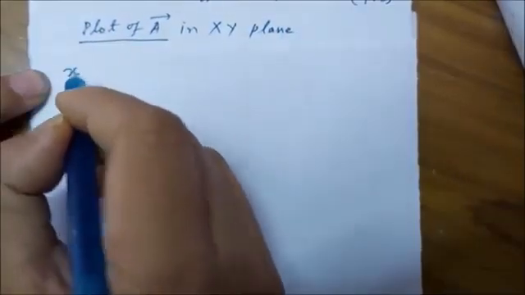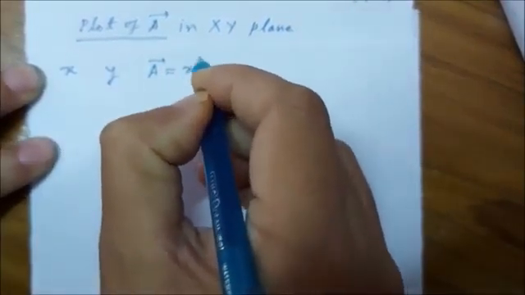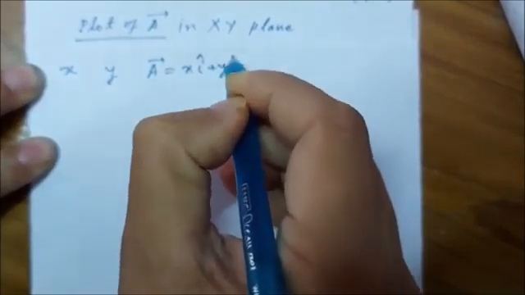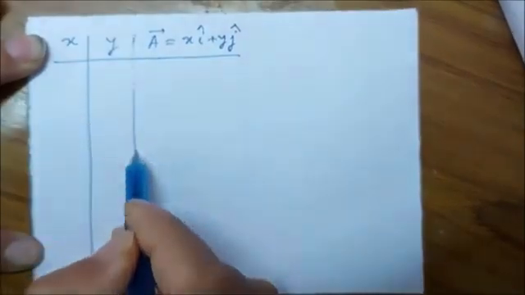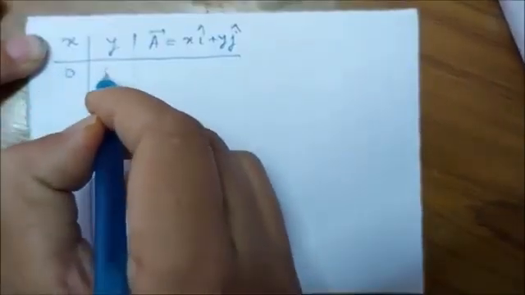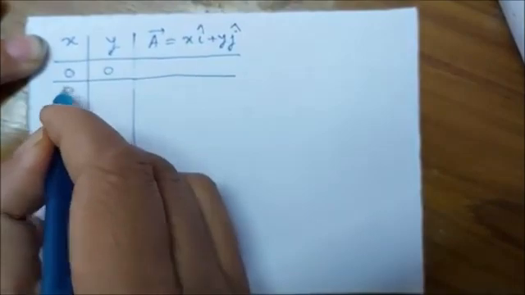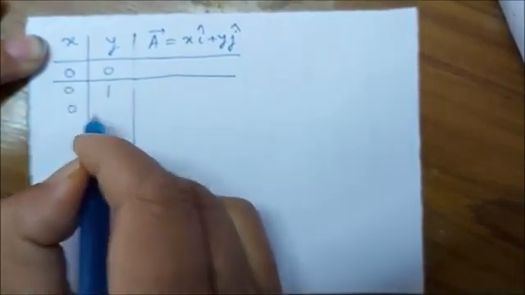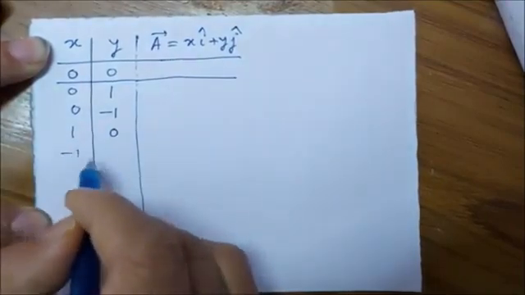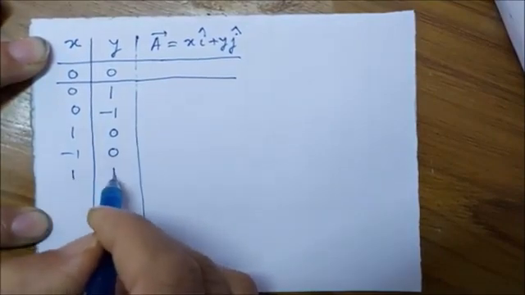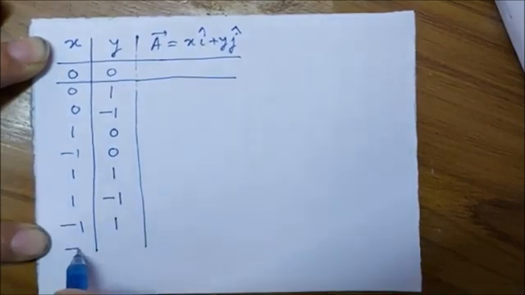Here we will put the x values, here the y values, and here is vector A. Let us start with (0, 0), (0, 1), (0, -1), (1, 0), (-1, 0), (1, 1), (1, -1), (-1, 1), and both minus 1.